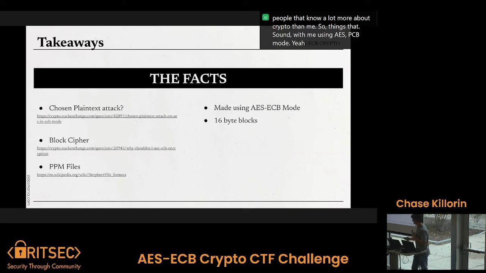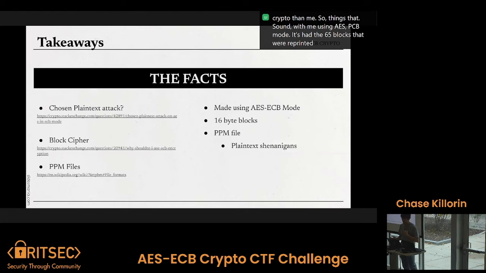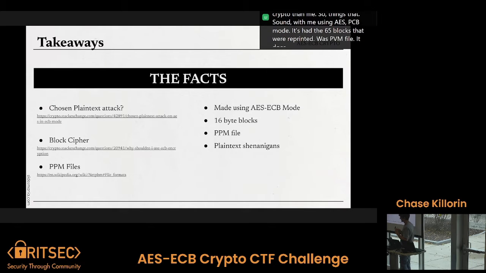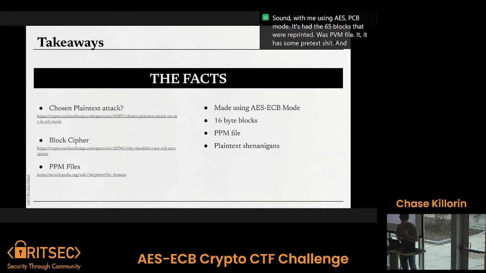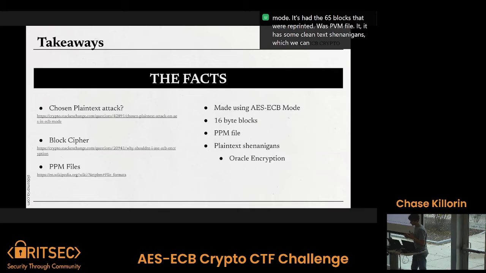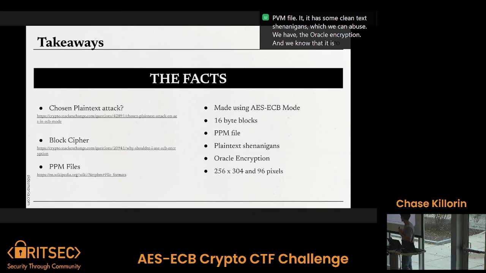It had these 16-byte blocks that were repetitively encrypted. It was a PPM file. It has some plaintext shenanigans, which we can abuse. We have the Oracle encryption, and we know that it is 256 by 304, and it's 96 pixels. 256 and 304, those are both divisible by 16.